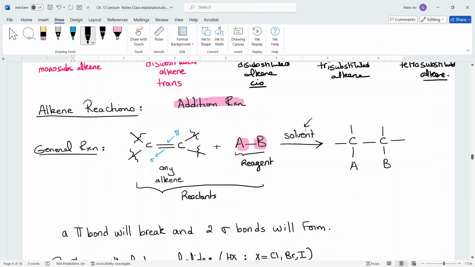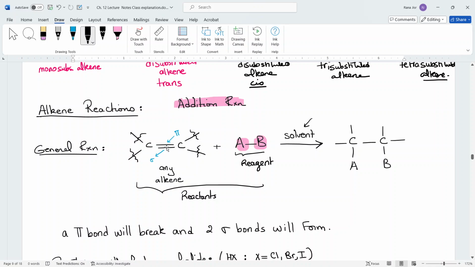I am starting with my reactants. I am using a solvent to dissolve those two reactants together. This is why the role of the solvent is very important. The solvent will not show in the product, so I'm not going to see the solvent in the product. What I'm going to see is that reagent being added to the alkene.